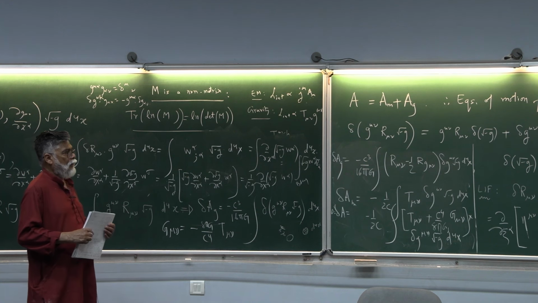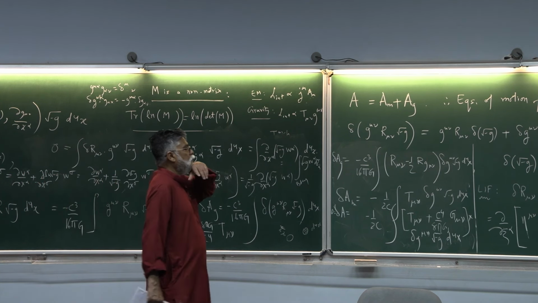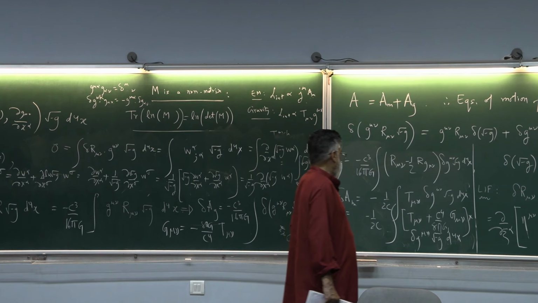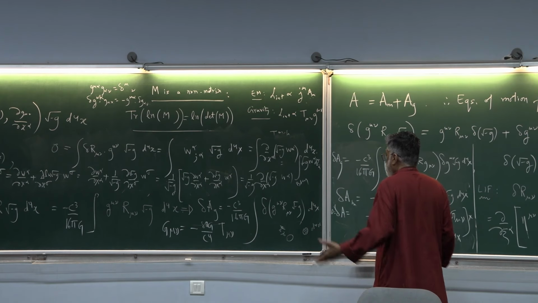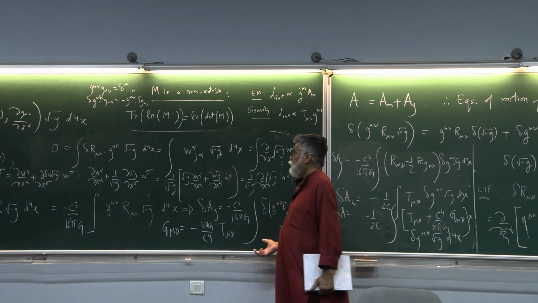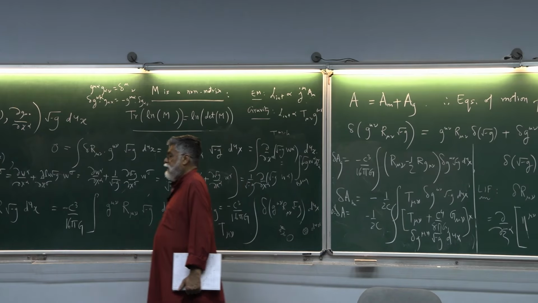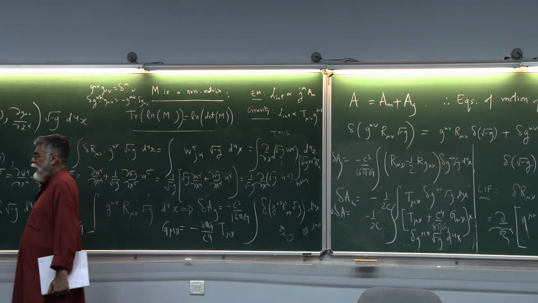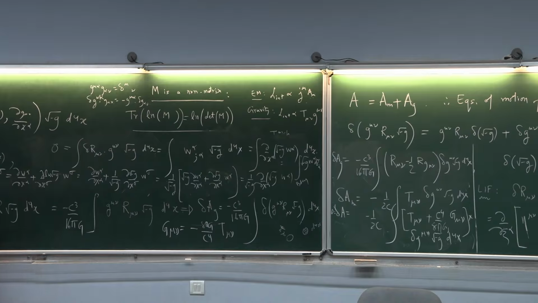Okay? So we have got the celebrated Einstein equation from the variation of the Einstein-Hilbert action, and many physicists agree that this is one of the most beautiful equations of nature.